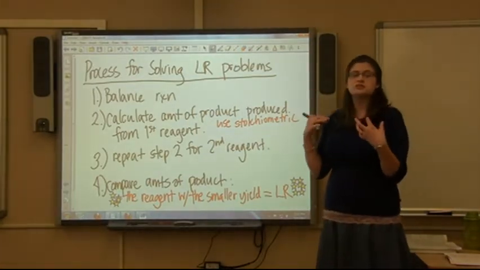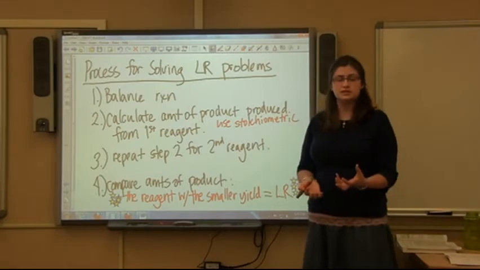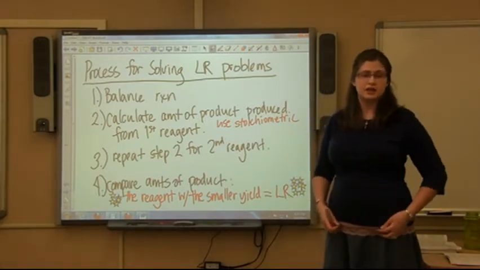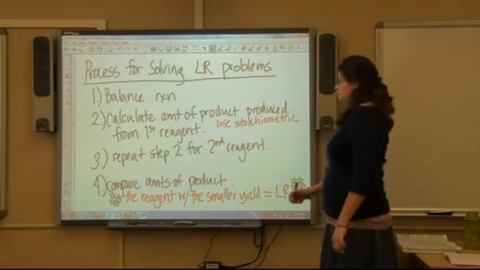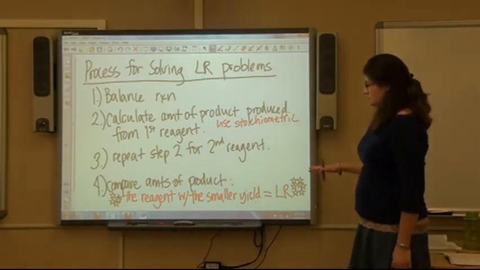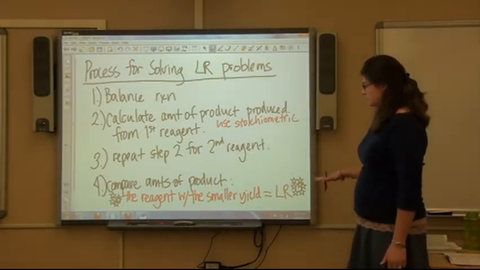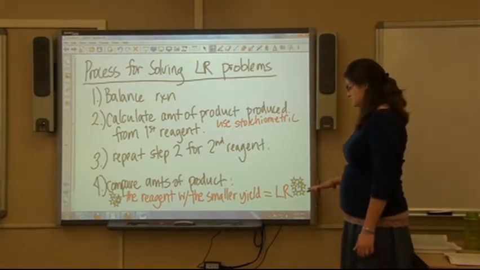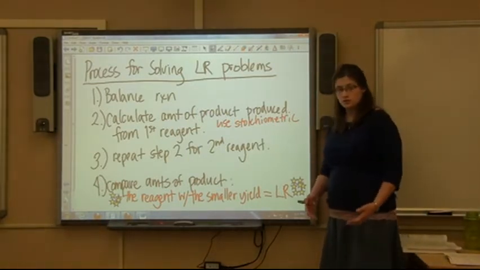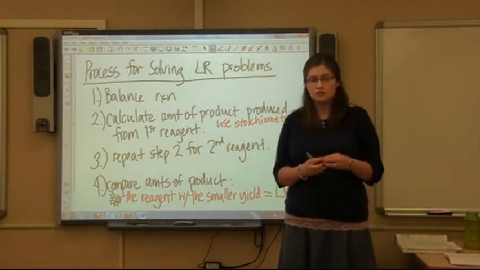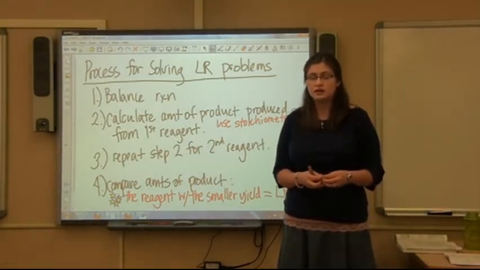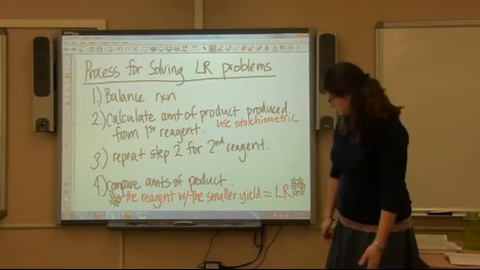And then you're going to do the same thing that you did in step 2 for any other reagent that you're given information about. Now, in step 4, we're going to compare the amounts of product. The reagent that has the smaller yield, in other words, the reagent that gives you the smallest amount of product is going to be your limiting reagent.